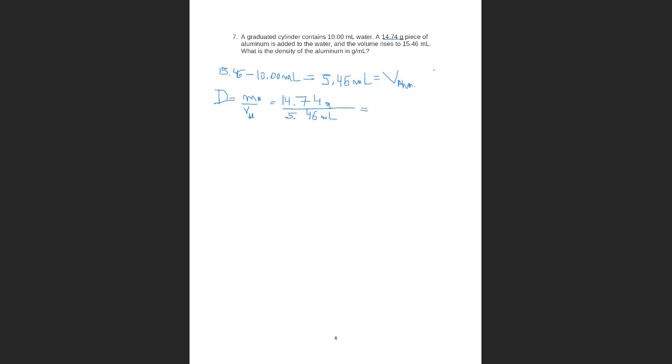What number did you get? Oh, let me answer that. Okay. So 14.74 divided by 5.46. Okay. Yeah. I got, here, I'm going to type it, 2.69963337.